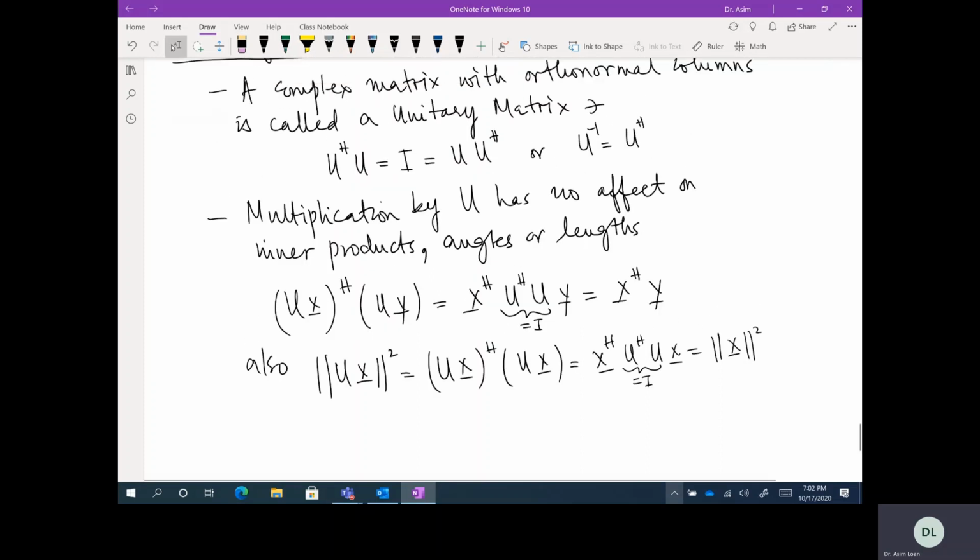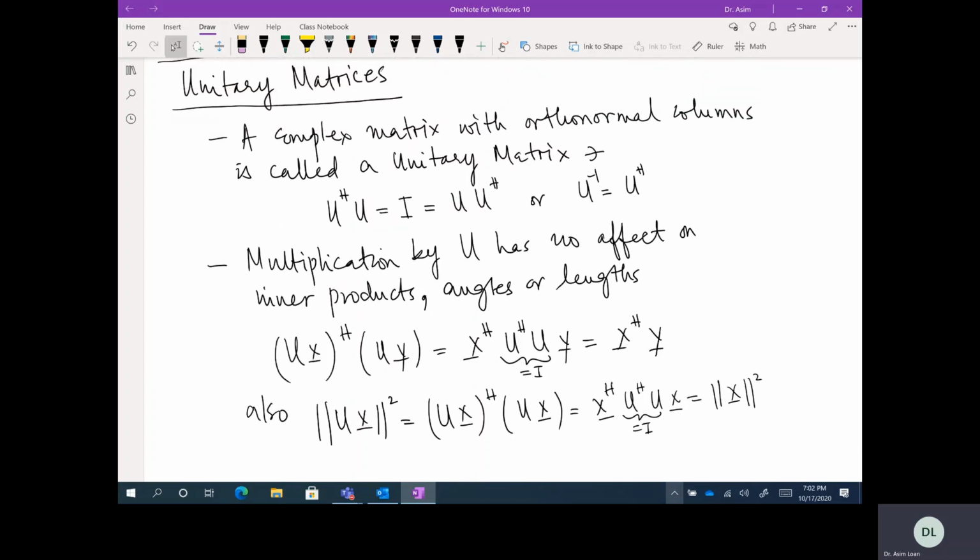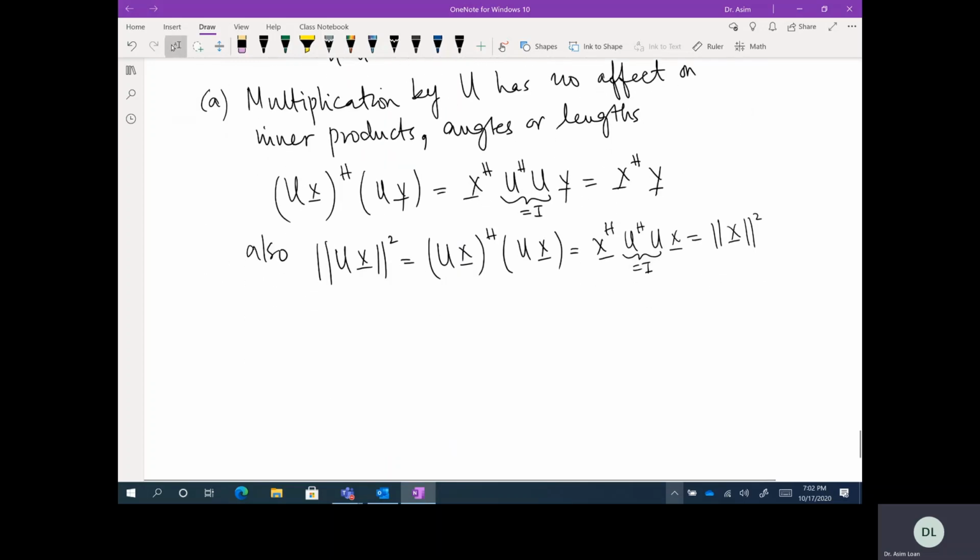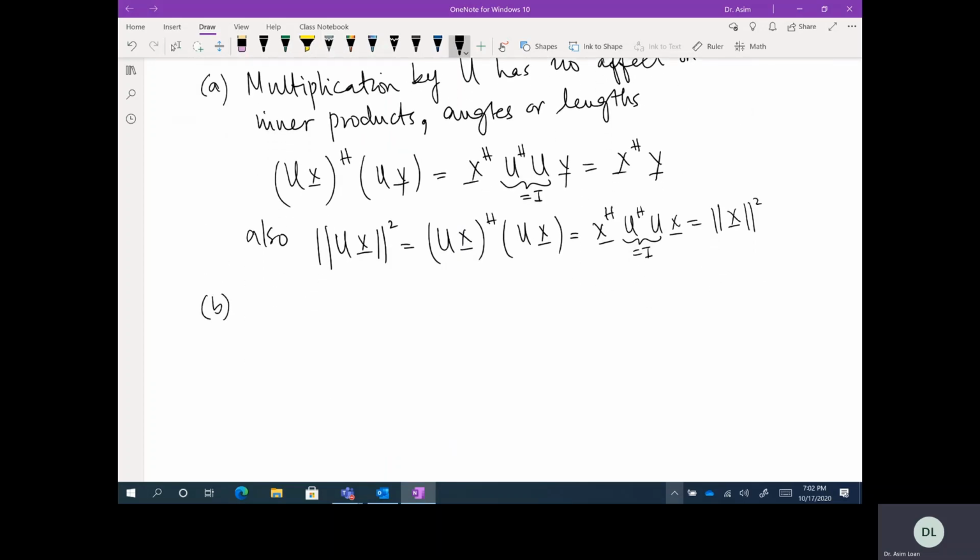So this is the first property we want to look at. The second property is every eigenvalue of U has absolute value equal to 1.